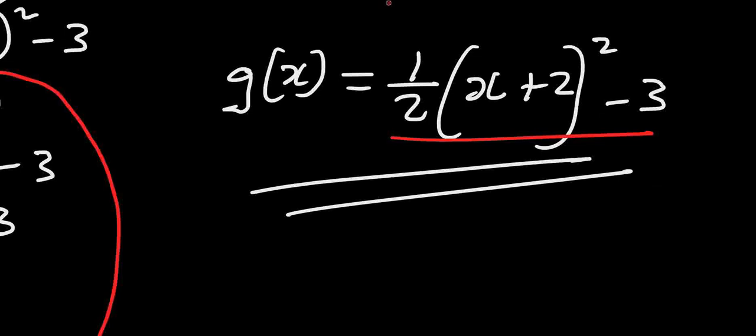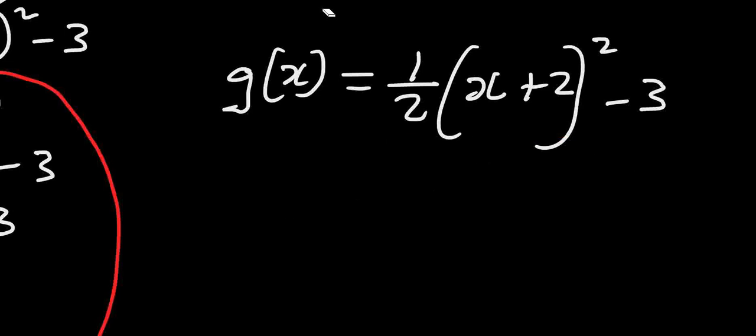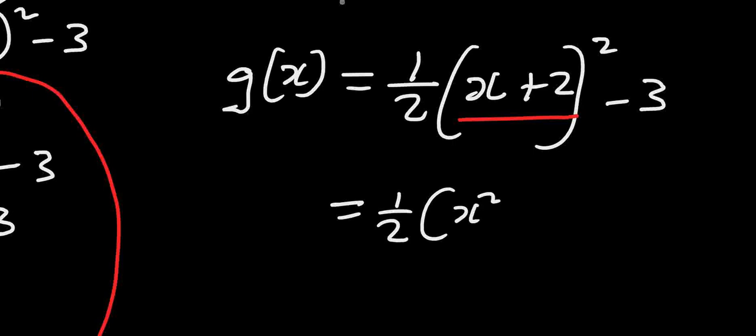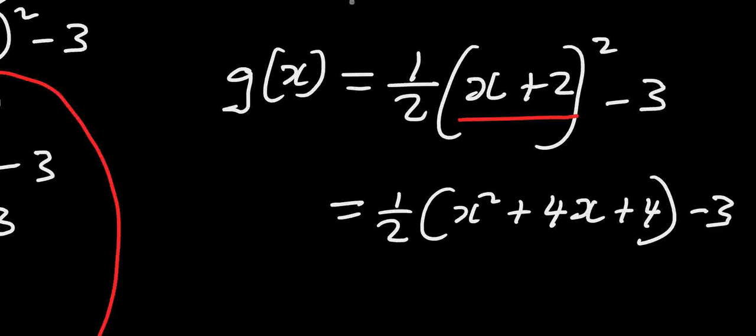So if we expand this, then the equation will be equal to 1/2 x squared plus 4x plus 4 minus 3. So now we can distribute 1/2 into this, and also into this.